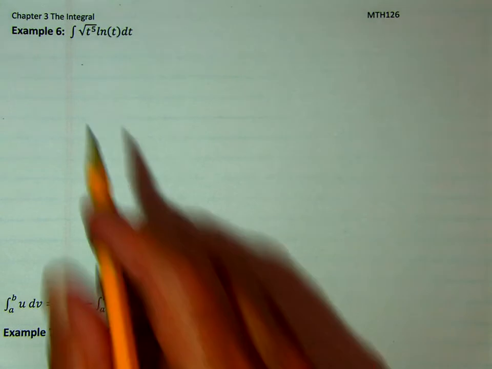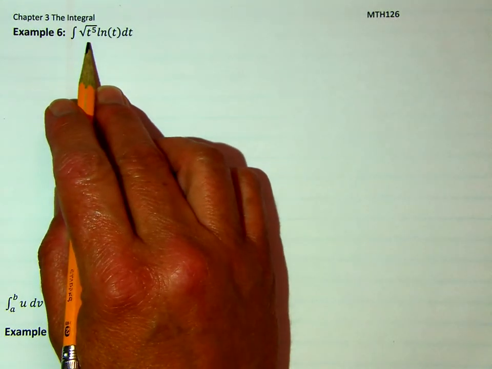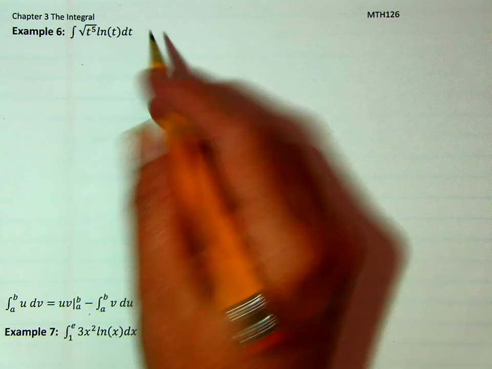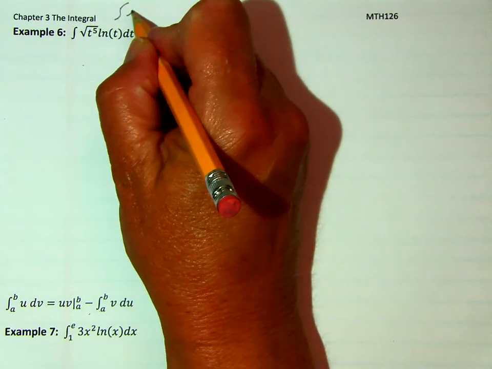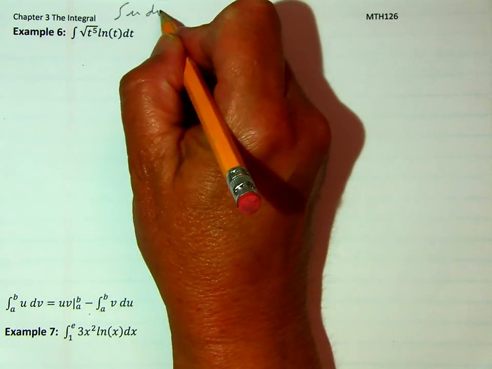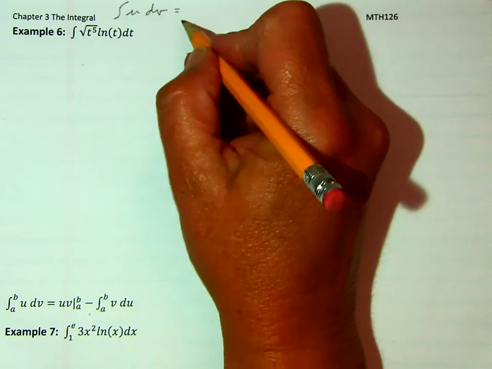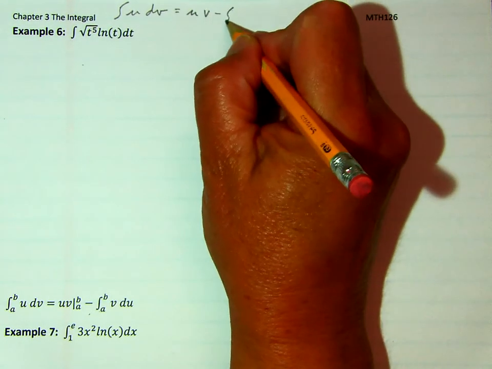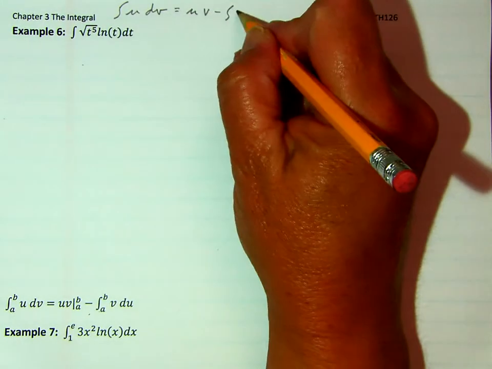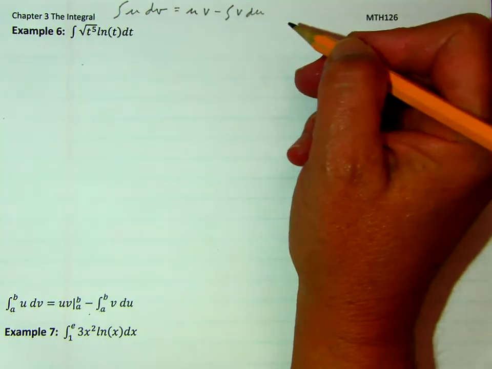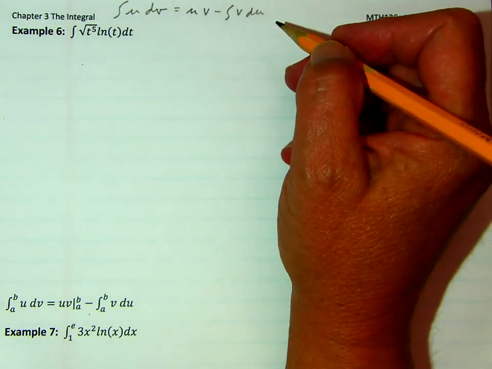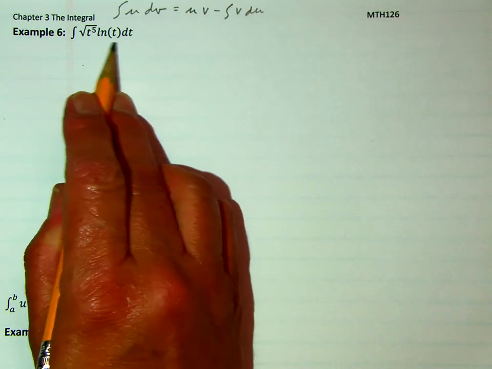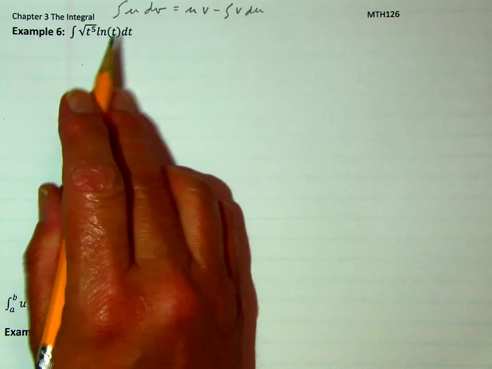Example 6. Find the integral of the square root of t to the 5th power, ln t. So remember, what we're looking for is cleverly selecting u dv so that we can take uv minus the integral of v du. And we said whenever we have a logarithmic part, that's a good choice for u.